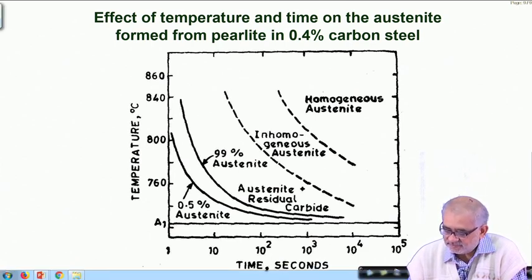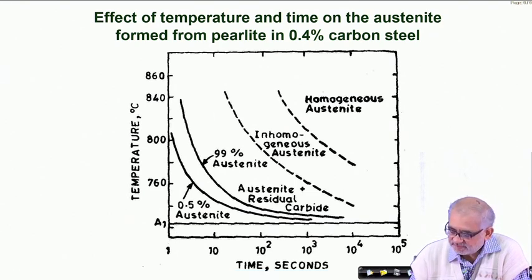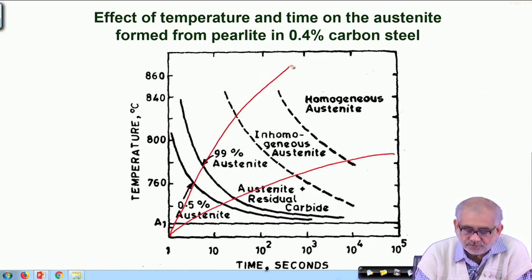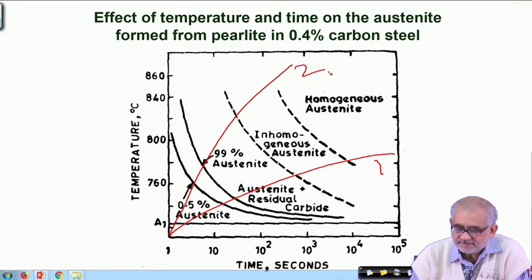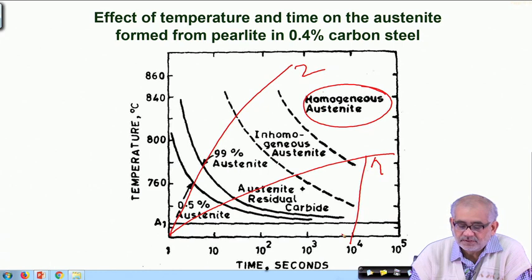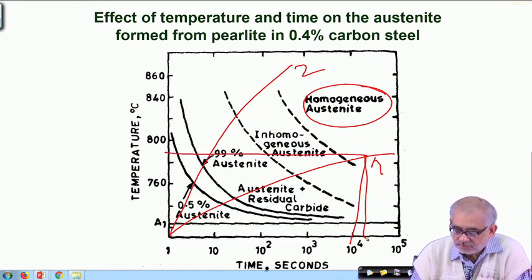And this is a kinetic diagram with a difference, because here what we are saying is that if you start from this point, which is essentially the room temperature point, and this is the starting point in terms of temperature and time, and you heat in these two possible modes, then you realize that in order to reach homogeneous austenite state, if the temperature is low, you require a much larger time, and need to hold for a longer period.